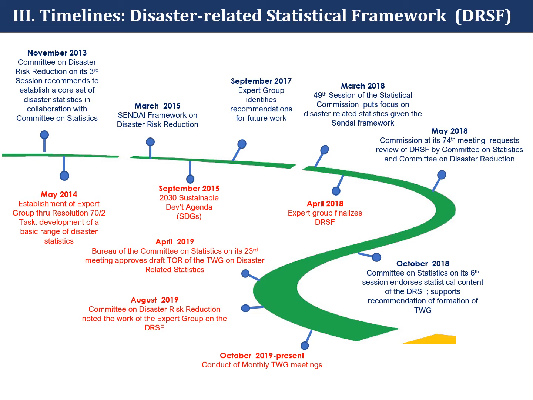By April 2019, the Committee on Statistics endorsed the DRSF, and by August 2019, the Committee on Disaster Risk Reduction noted the work of the expert group in developing the DRSF.